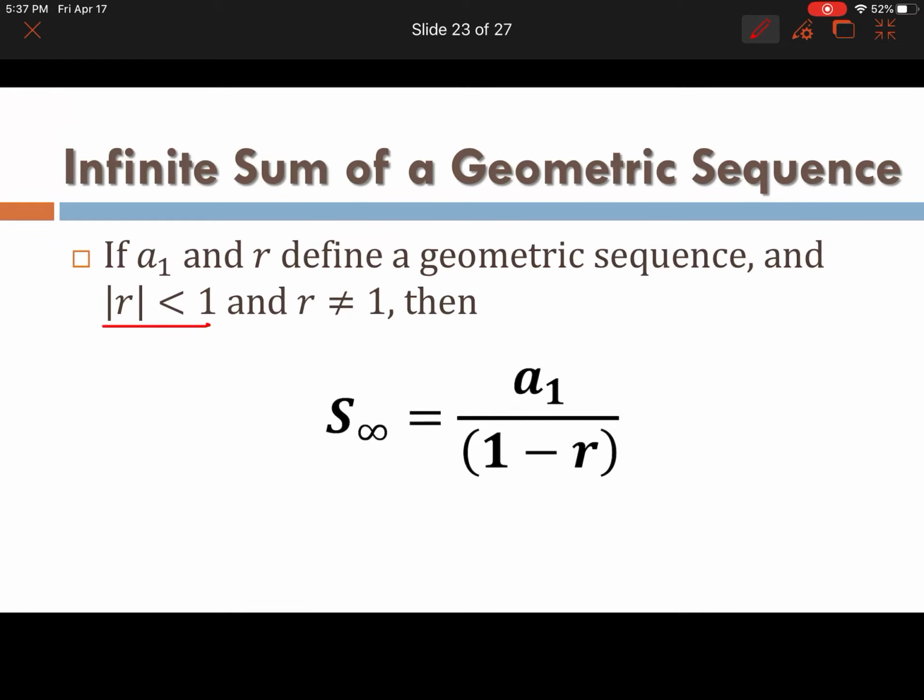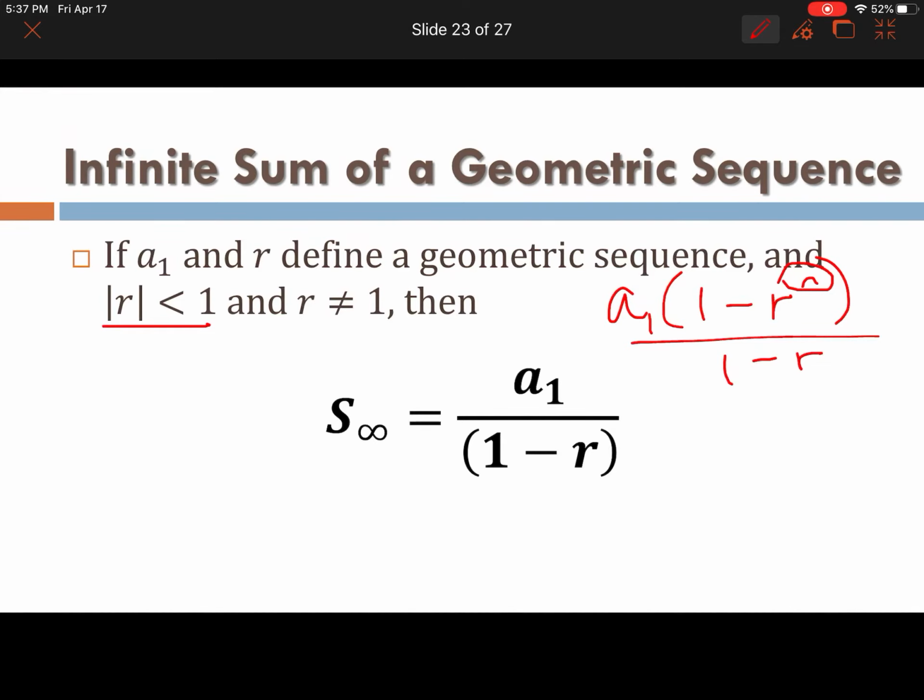Now let's think about what happened in our previous one. So when we had the finite one, the only difference is on the top we had 1 minus r to the nth, right? So think about what happens as n gets really big and r is a fraction. Well, if r is a fraction and we take it to a really big power, it gets really, really small.